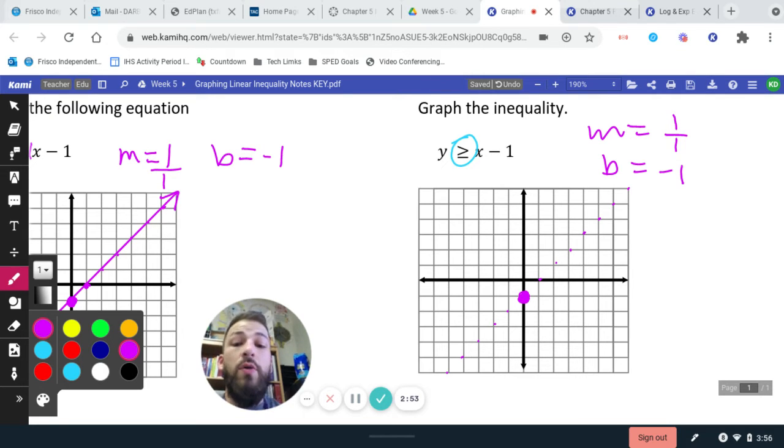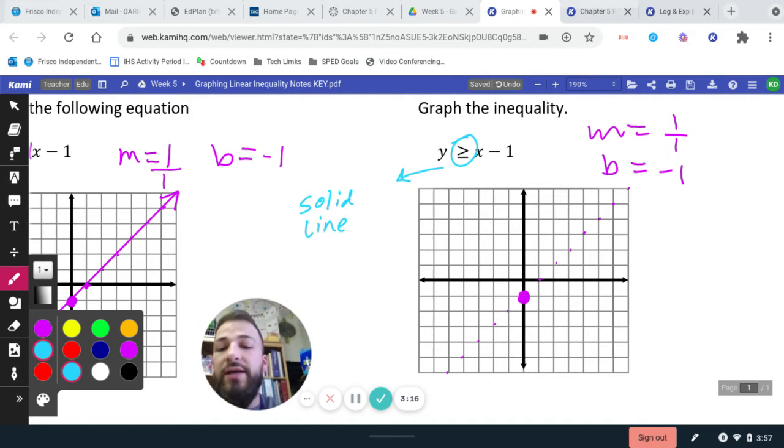Okay, so now this is where an inequality differs. With an inequality, you have to decide if you're going to graph a solid line or a dotted line first. Solid line is when you have an equals to in your inequality.